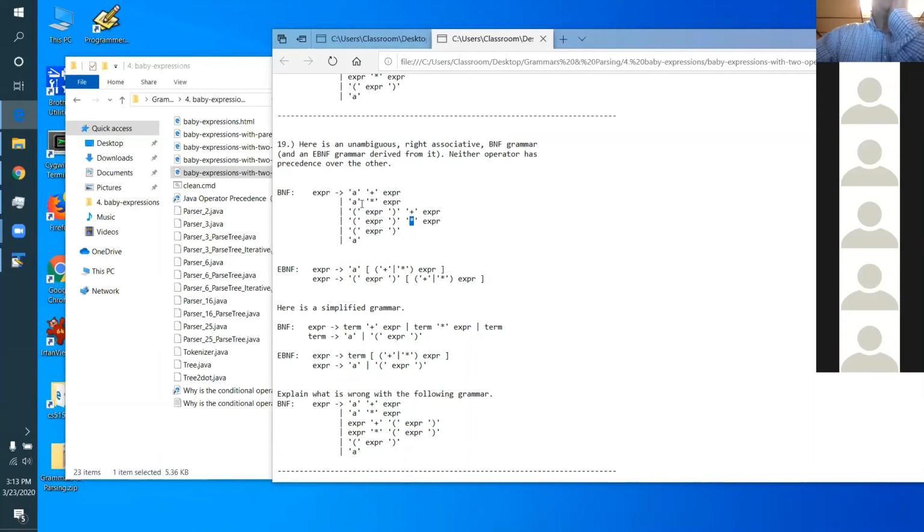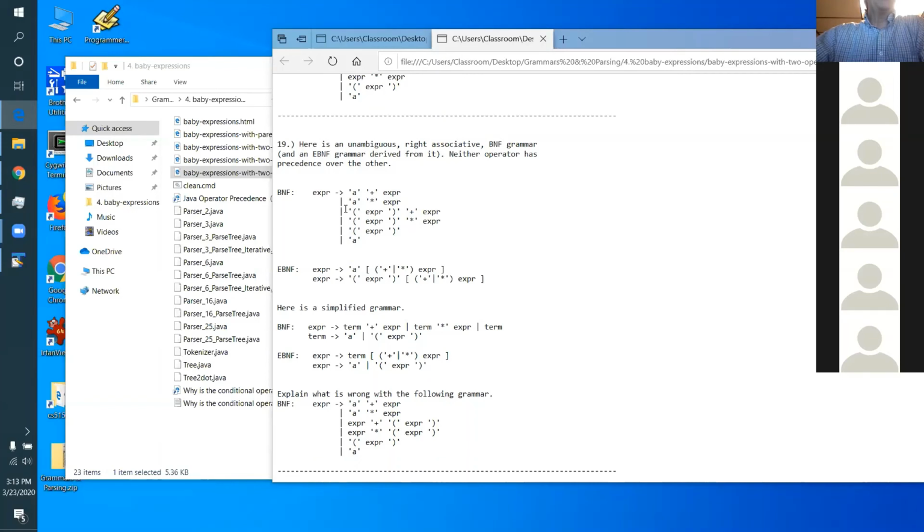Okay, so here, this guy's right recursive, this guy's right recursive, so they're both right associative. This gives them associativity, but no precedence. Notice that there's only one production, and that production can use either plus or multiplication.